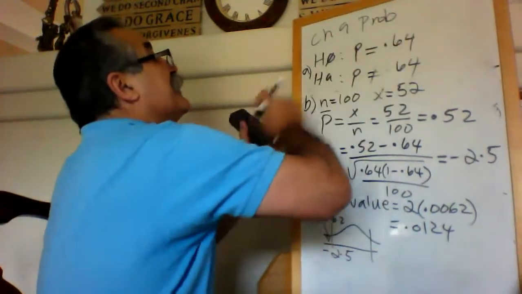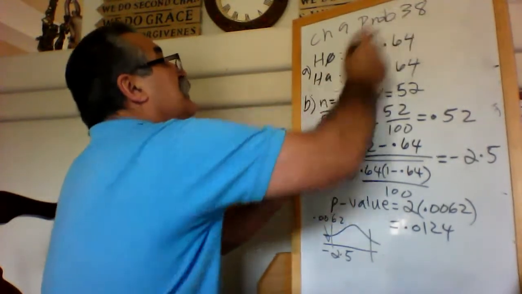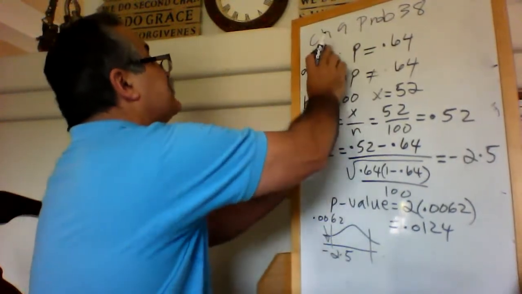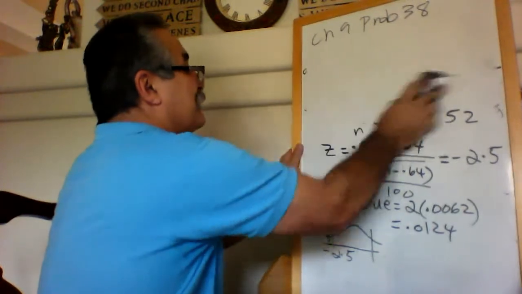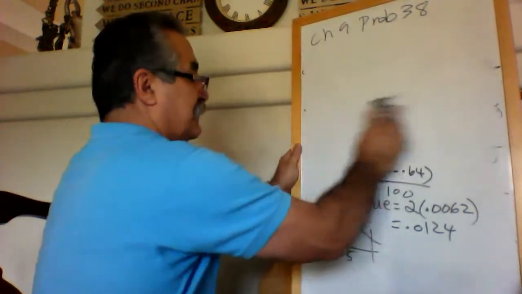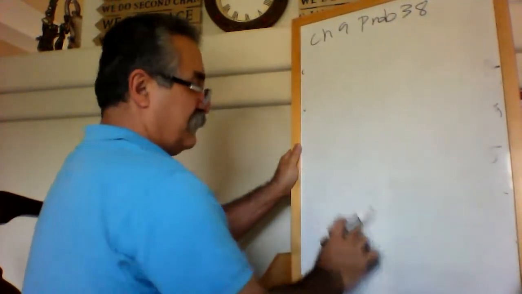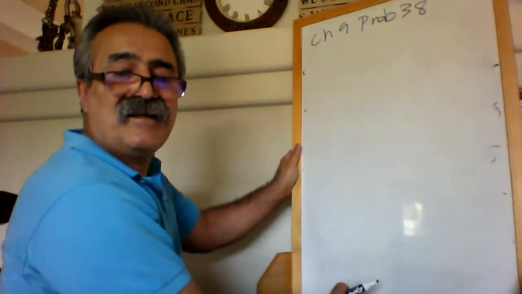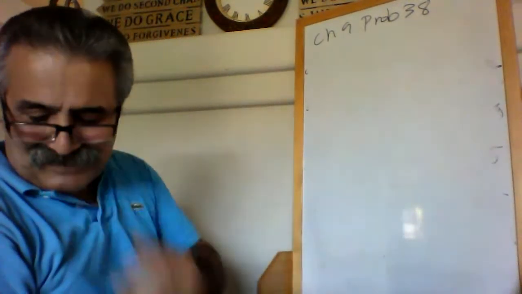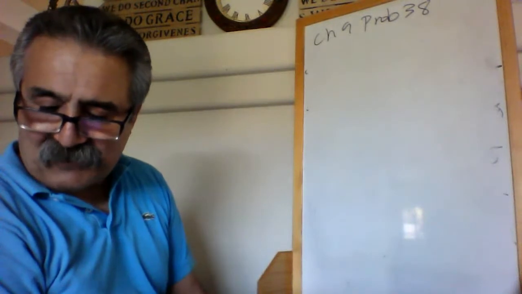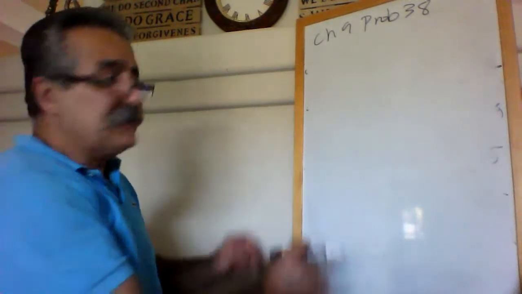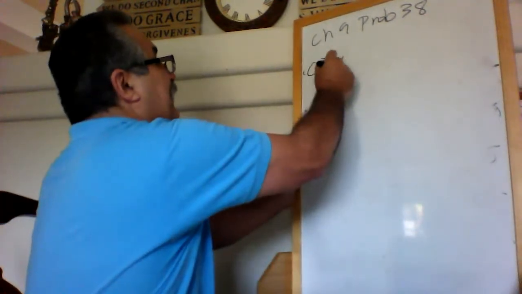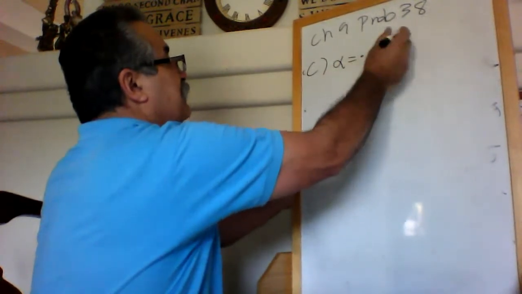Part C, this is problem number 38. Alpha equal to 0.05, what is your conclusion? So part C, alpha equal to 0.05.